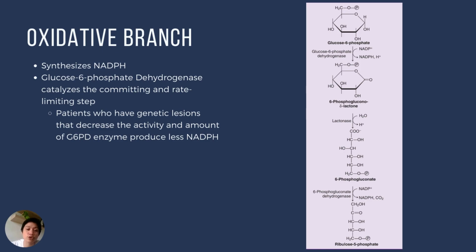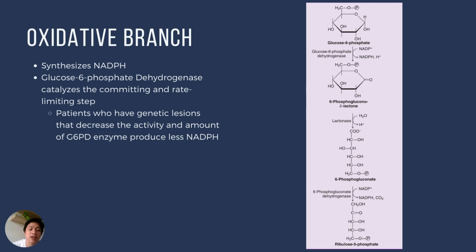So our 5-carbon sugar here is ribulose 5-phosphate. So let's summarize. What are the two steps that produce reduced NADP? That's the oxidation of glucose 6-phosphate to produce 6-phosphogluconate, and the oxidation of 6-phosphogluconate to produce ribulose 5-phosphate.